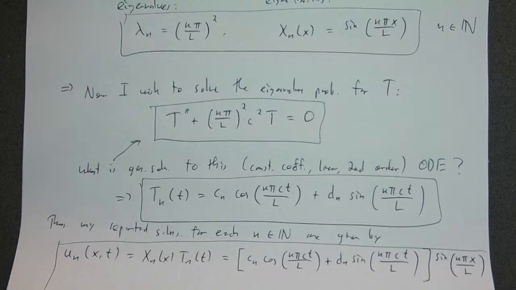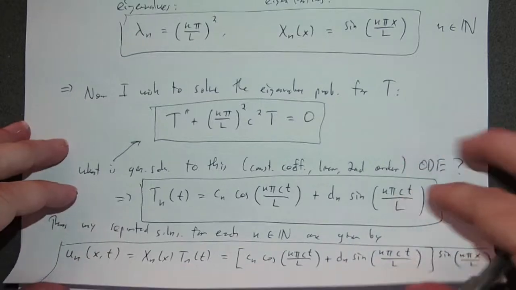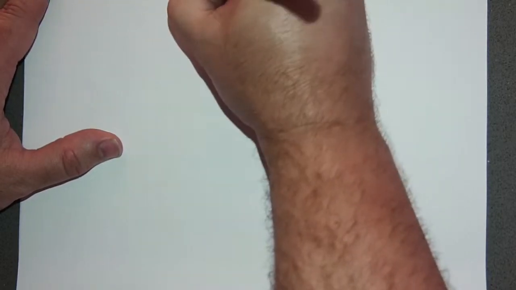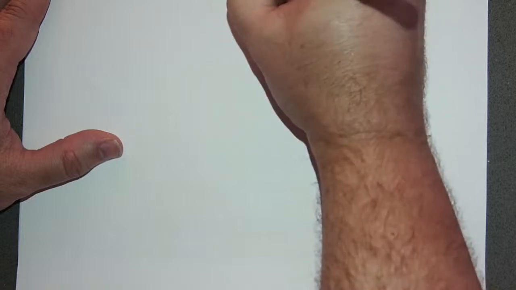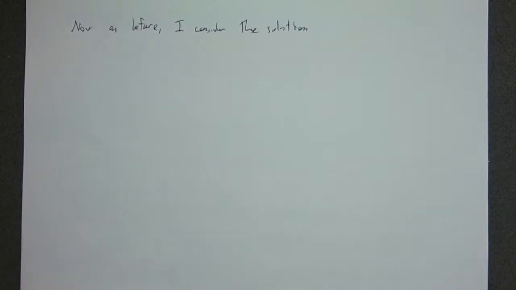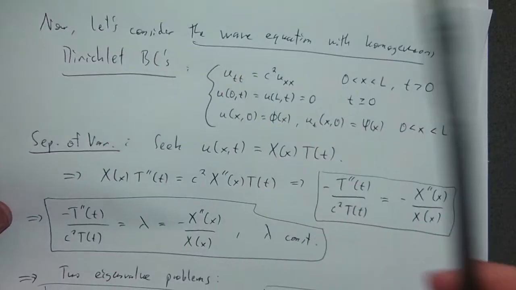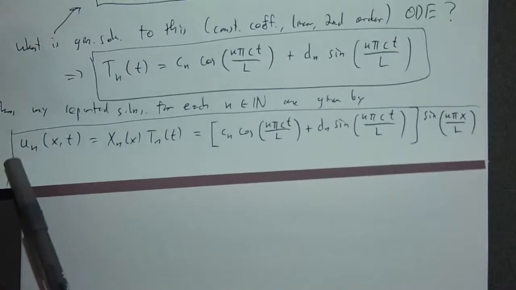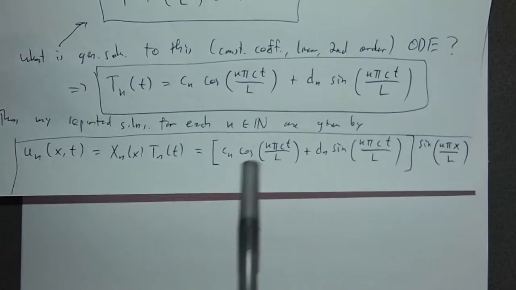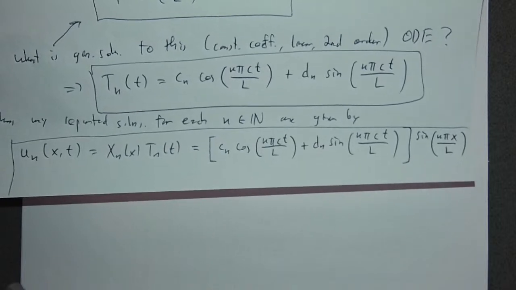And so how do I find these things? Well, so now as before, I consider the solution. Again, this is a linear constant coefficient second order PDE that we're solving. It satisfies the superposition principle, so any finite linear combination of these things is definitely going to be a solution that satisfies the boundary conditions.